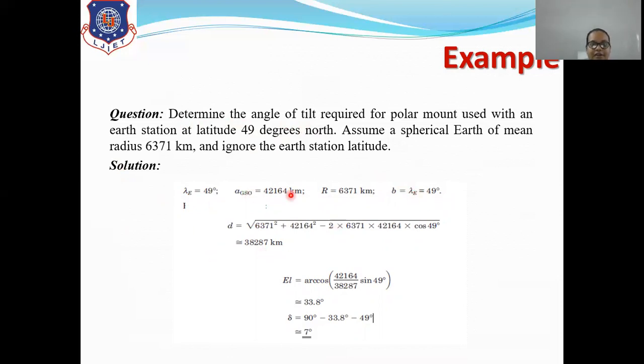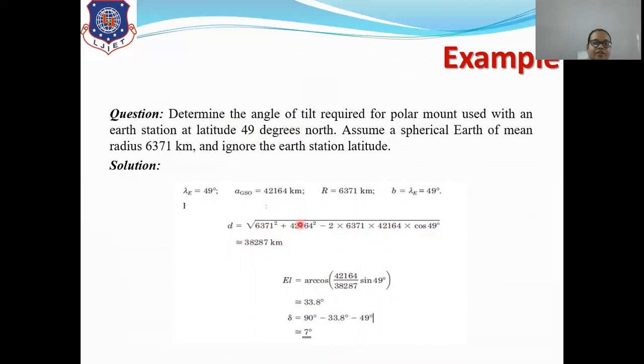First calculate D from the equation we discussed in antenna look angles, which is R square plus AGSO square minus 2R into AGSO into cos B. Here B will be replaced by lambda E. So you will find the D value, that is 38,287.